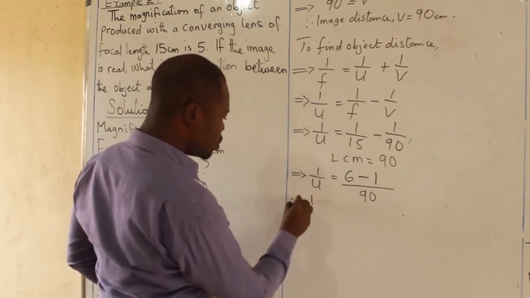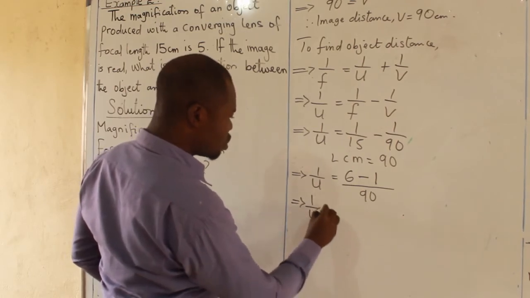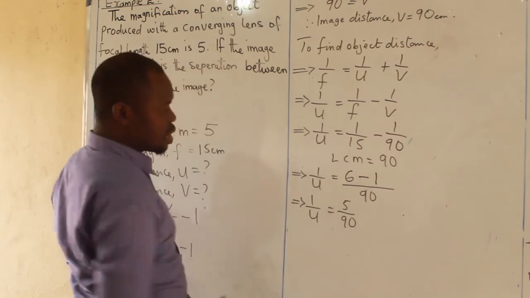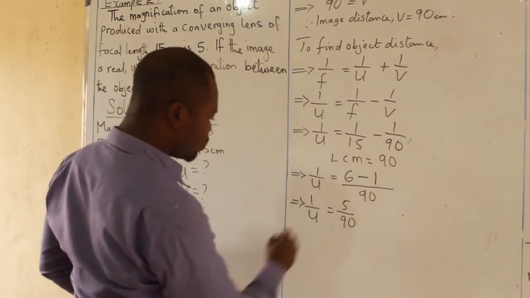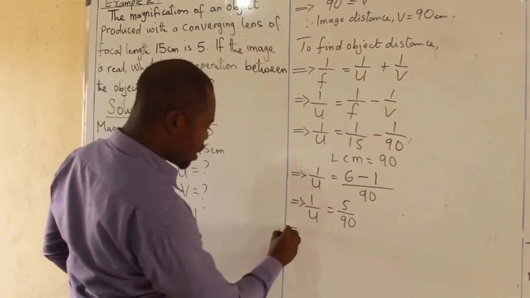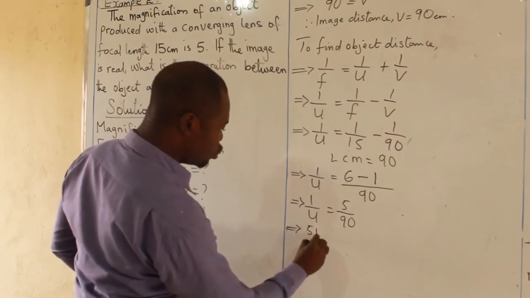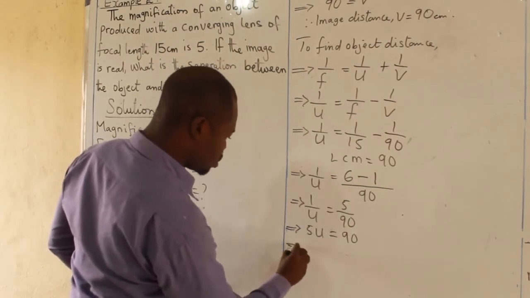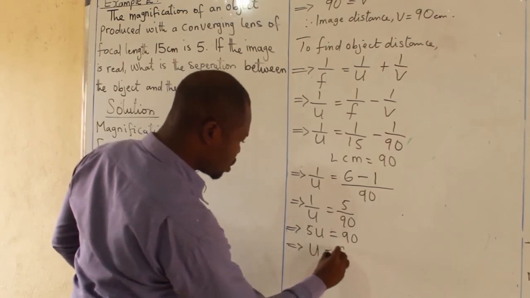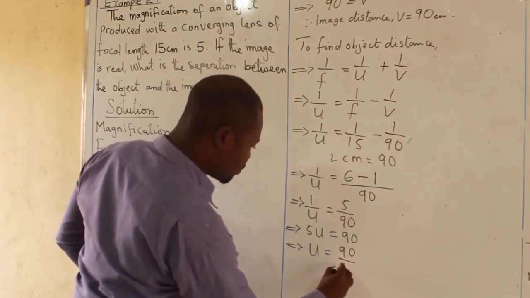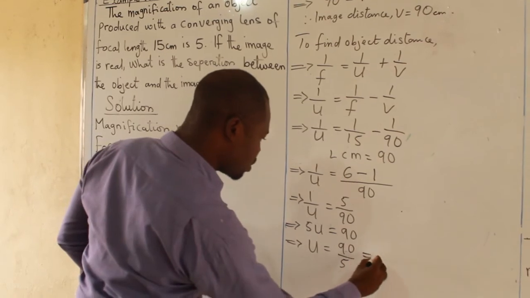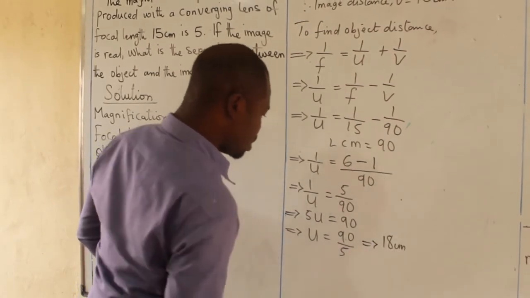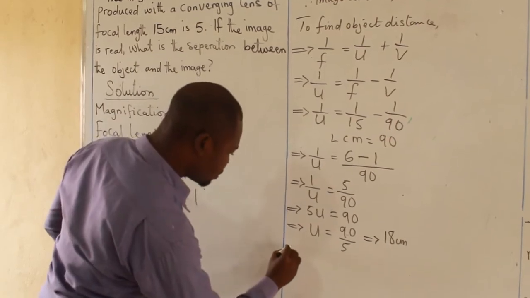So 1 over u equals 5 over 90. That is 6 minus 1 gives you 5. If you cross multiply, 5u equals 90. U equals 90 over 5. And that will give you 18 centimeters.